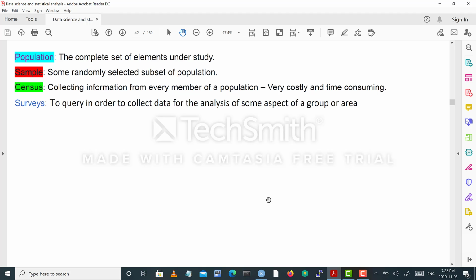Census is different from sample, collecting information from every member of a population, which can be very costly and time consuming. Survey also is different from the other one, used in order to collect data for the analysis of some aspects of a group or area.